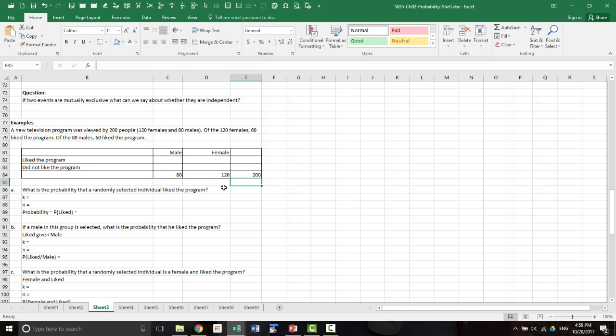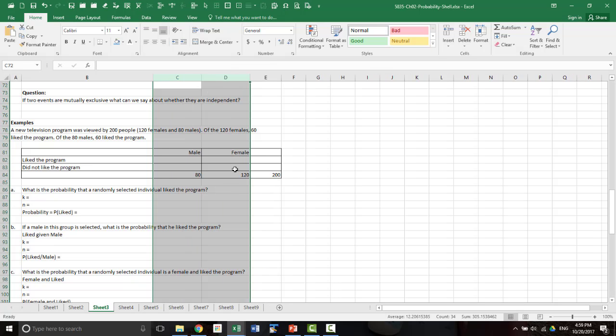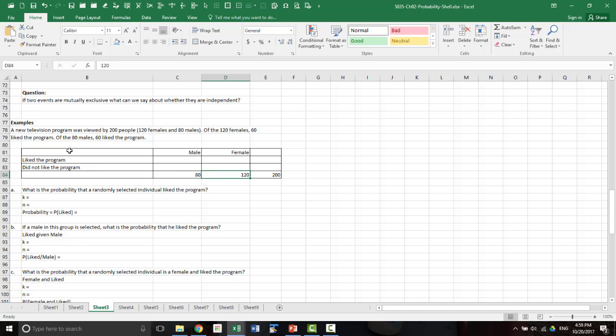So that's 200 people, right? Let's make both columns the same width. Of the 120 females, we have 60 who like the program. So it's about a television program. So 60 like the program.